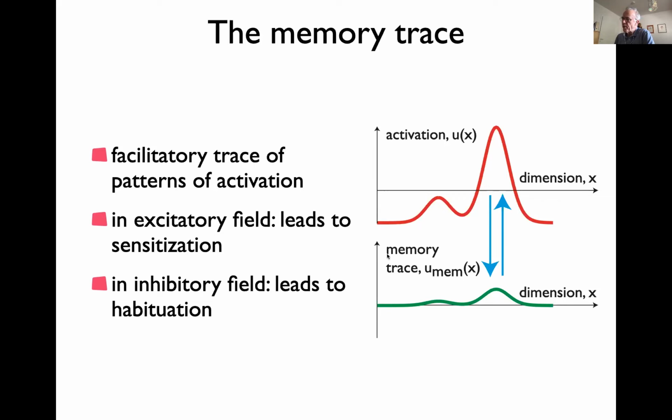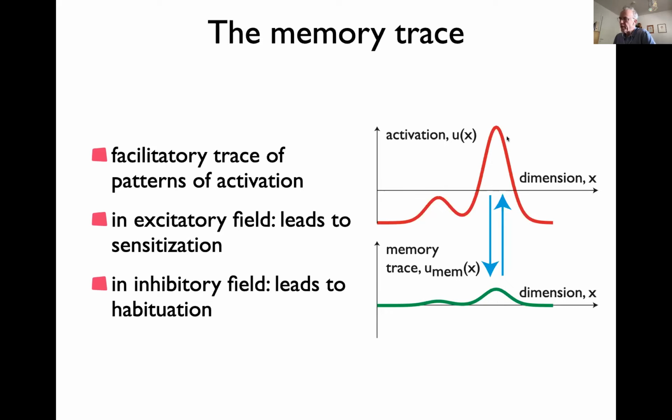We think of it as sort of like a second distribution. It's also an activation variable. It's not really a field. It's a bit unclear what it would be physiologically. It's a copy of the field over the same dimension, and it is driven by the field. So when there's suprathreshold activation, it drives up the memory trace, and when there's a memory trace, that in turn excites the field.